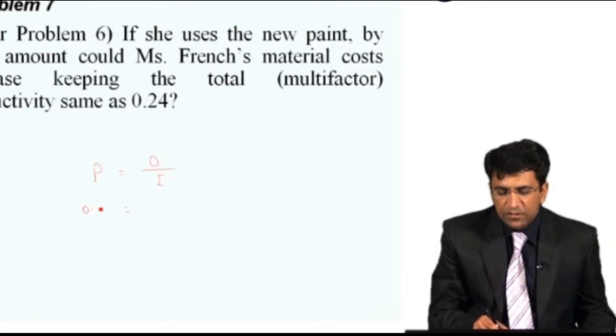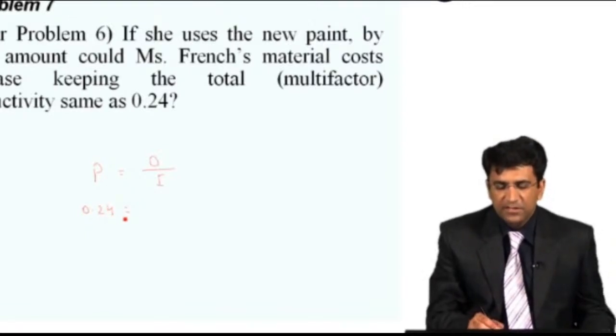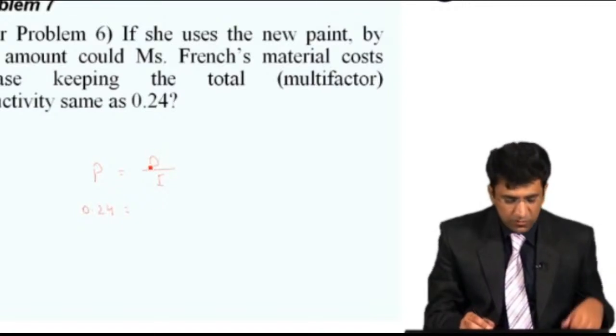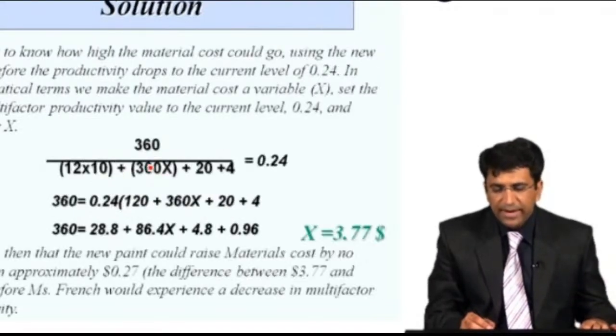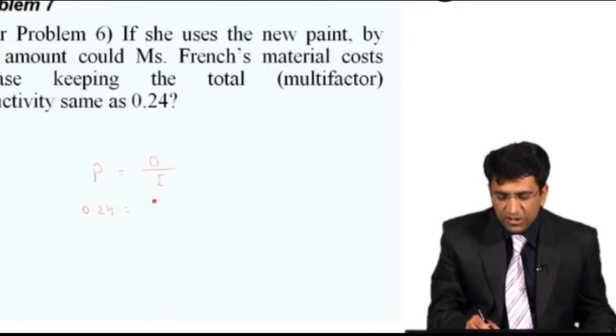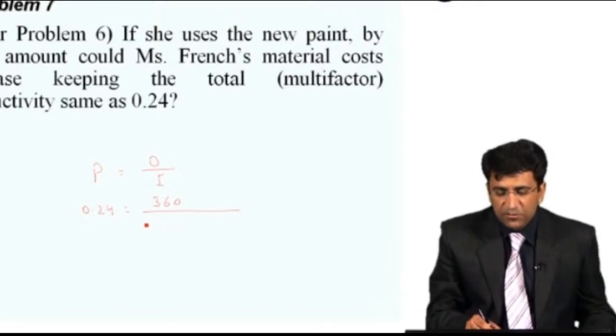So what we can do, we can put this 0.24 same here on the left hand side of this equation. Now what is the output? You can see from the previous example that our output for the new paint is 360. So this 360 will be here. Our labor cost is again same, which was actually 12 multiplied by 10.